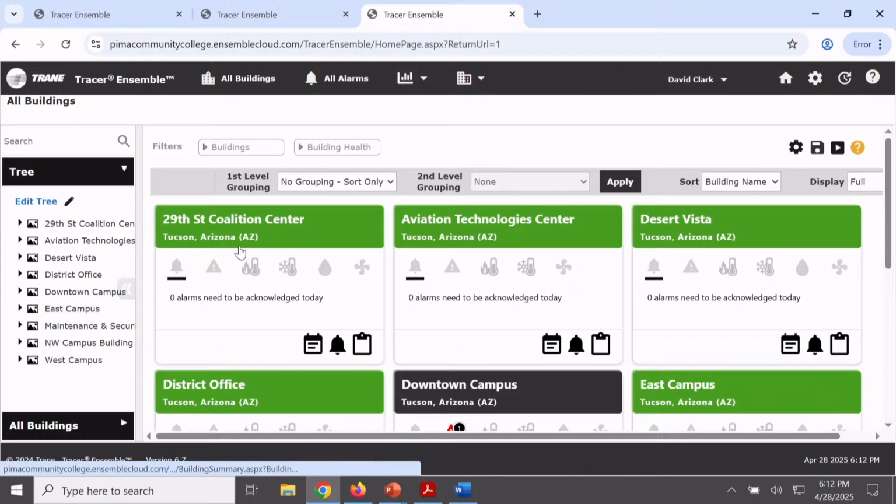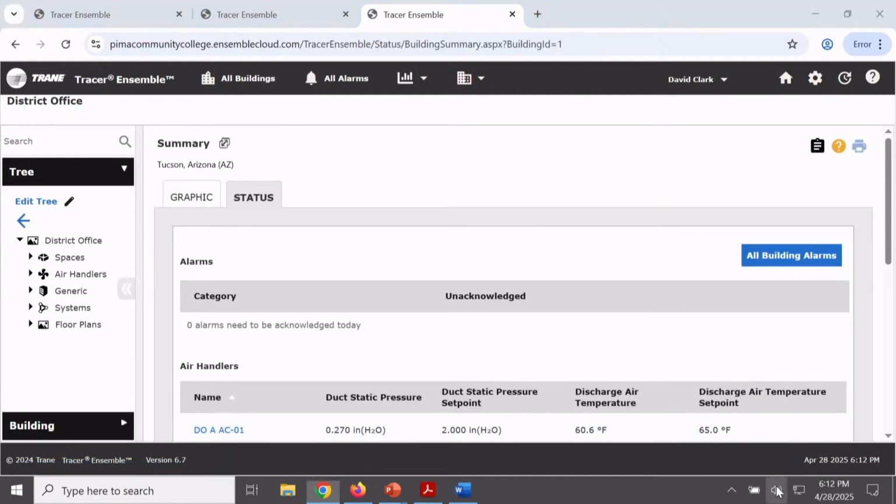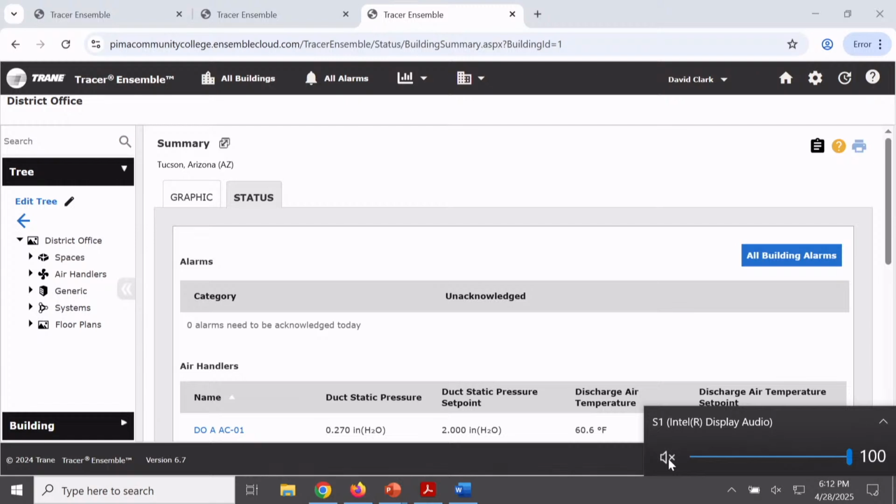All right, and there we go. And I guess I'm going to have to drive this thing old school. So we're at district office, so let's go there. Let me mute that.